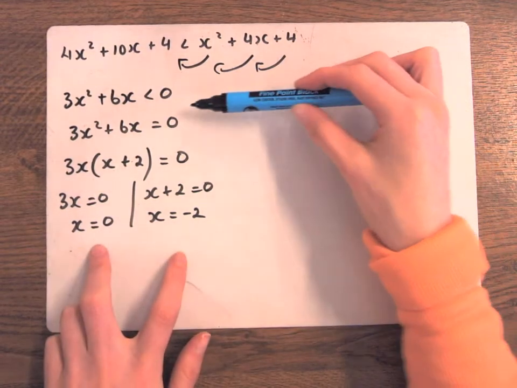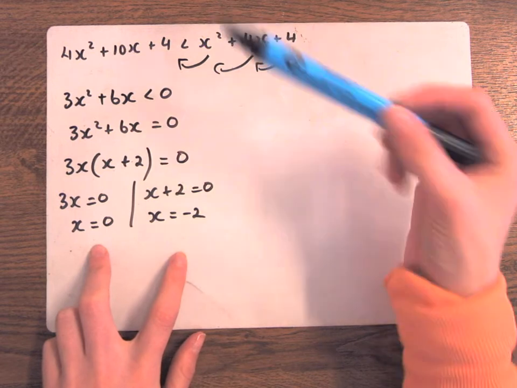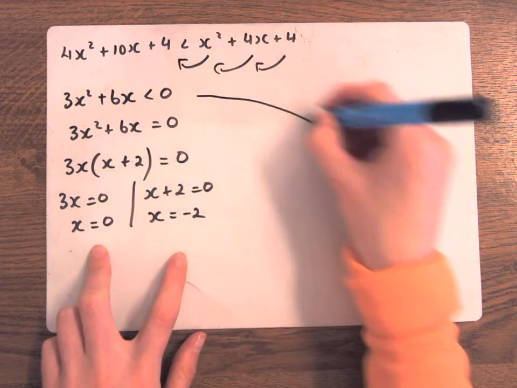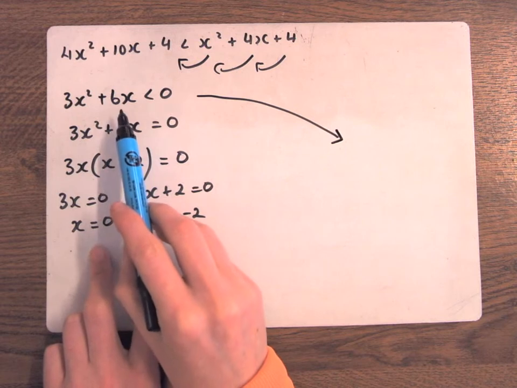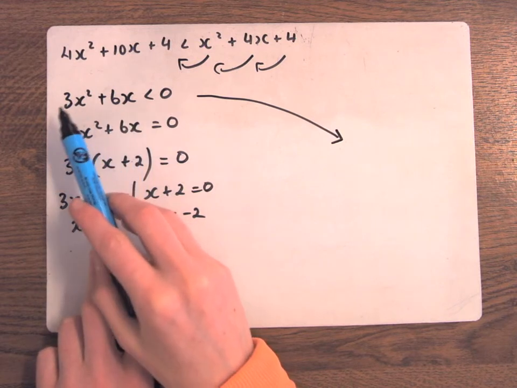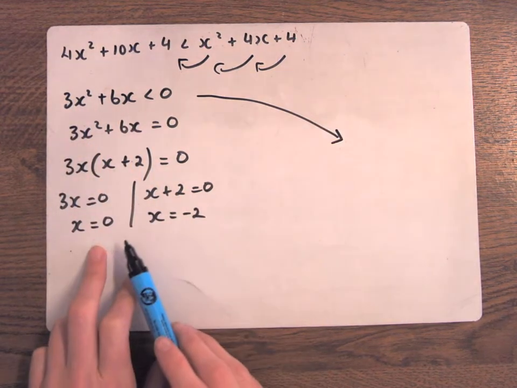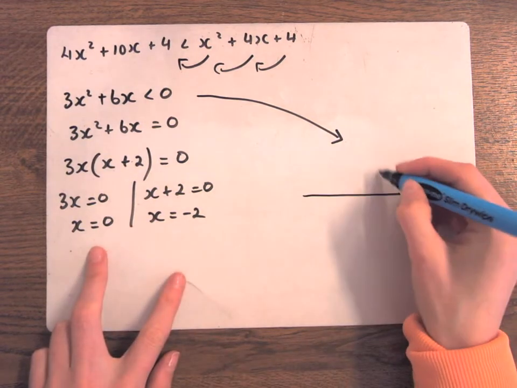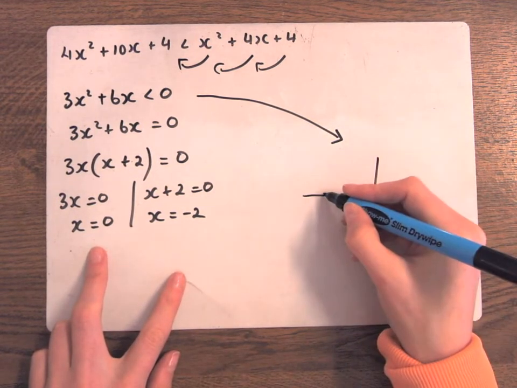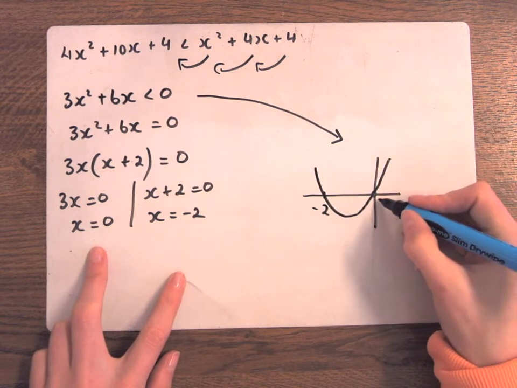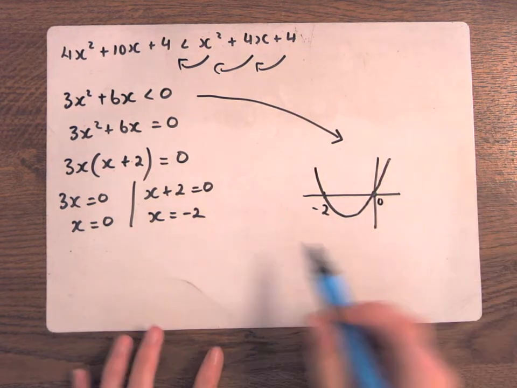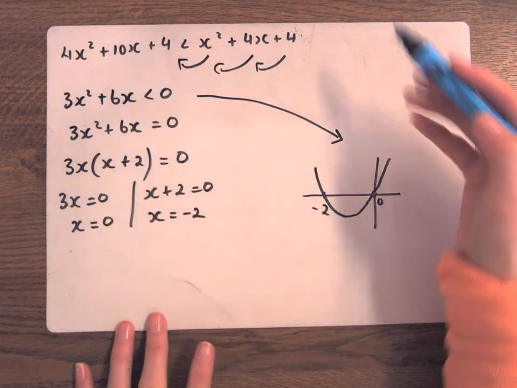Come back here. This is where we're looking at. What shape is it? U-shaped, because that 3 is positive. U-shaped, and I'm looking for 0 and minus 2. And it's a U. And here, what does less than 0 mean?